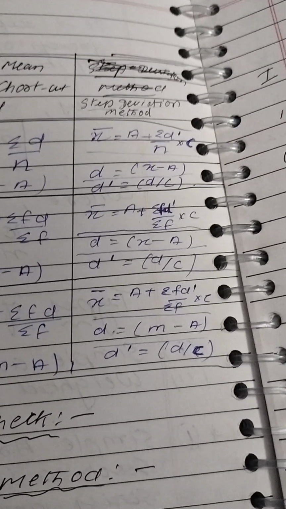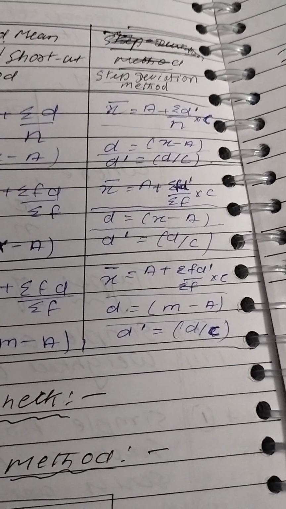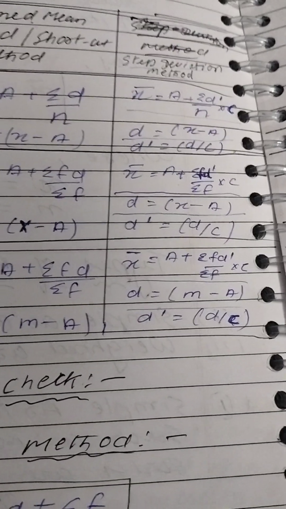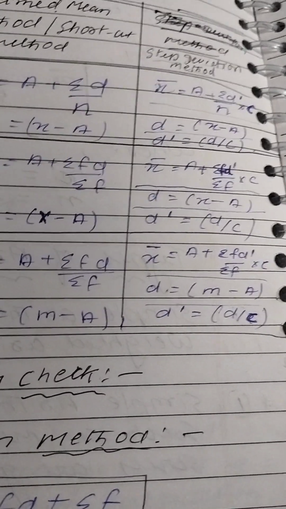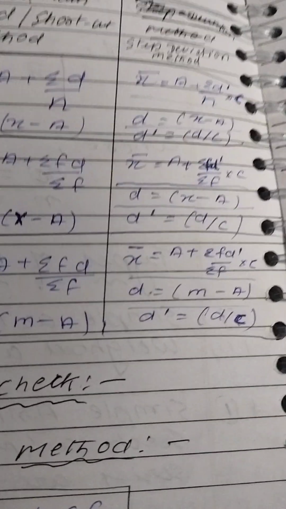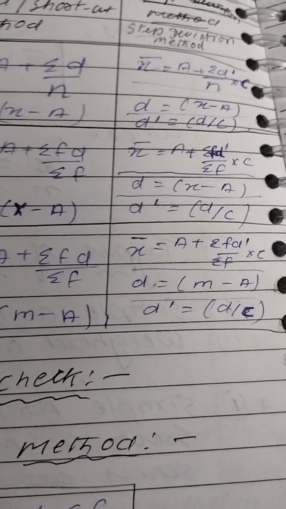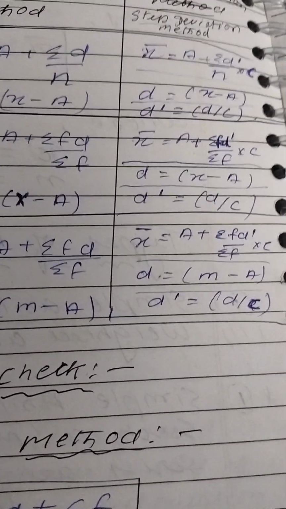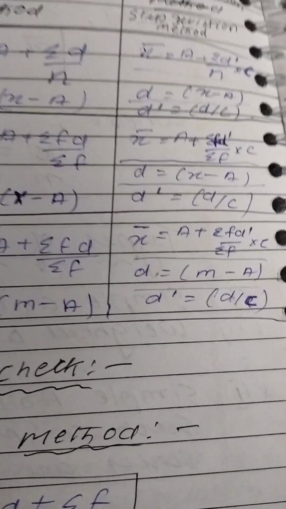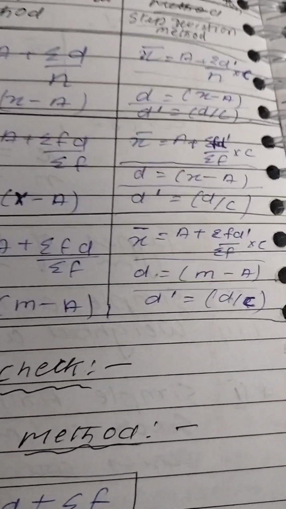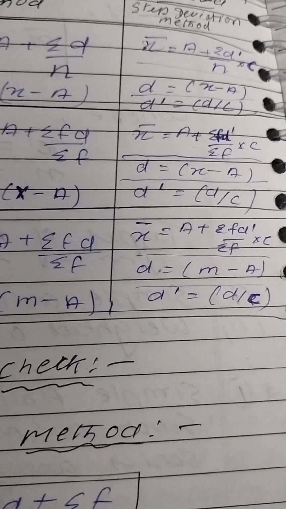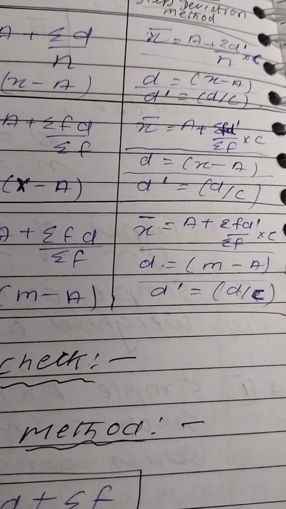Okay, then we have step deviations, where a plus summation d by n, and the only change is the common factor. So when you calculate it, if you are taking a common factor like 2 or 5, in order to compensate it you have to multiply it.